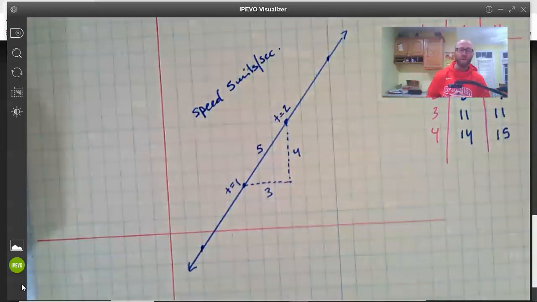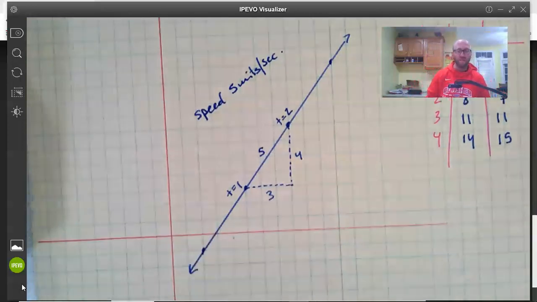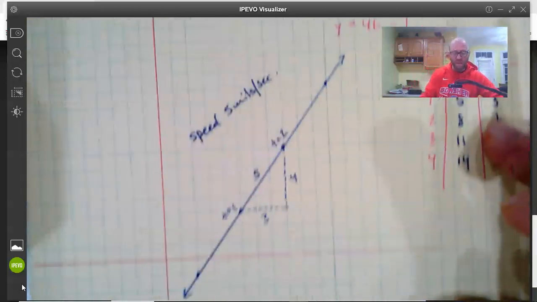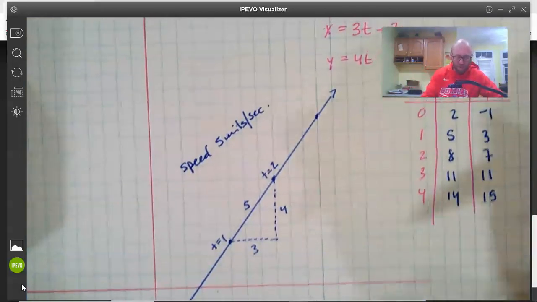Now, the second thing is, what if I wanted to speed this bug up so that it was traveling further every second, say twice as far per second? Well, not too hard to do.